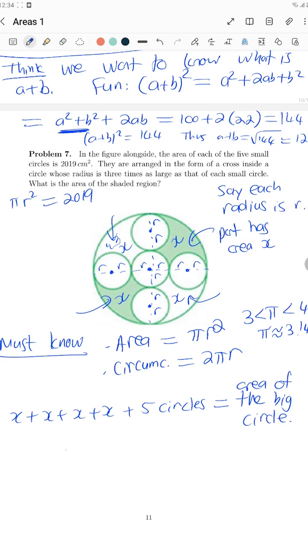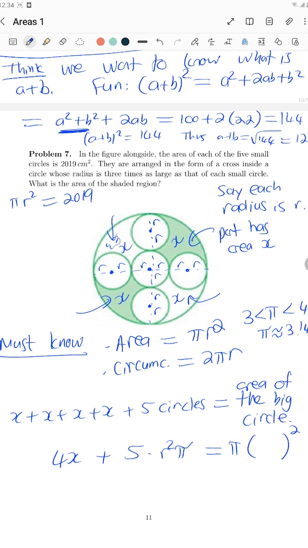Okay, so what does that mean? x plus x plus x plus x, that is 4x, plus the 5 circles. Each of the 5 circles has the same radius r, and so their area will be 5 r squared pi. That's the area of the big circle, which is pi times whatever the radius of the big circle squared is. And now look at the diagram.